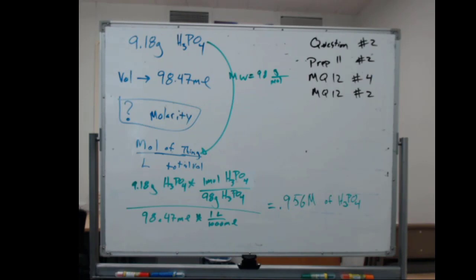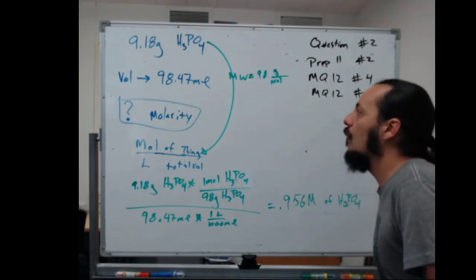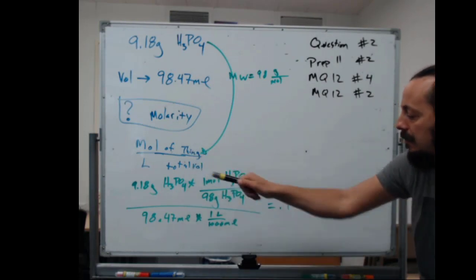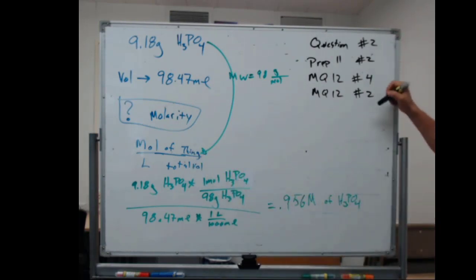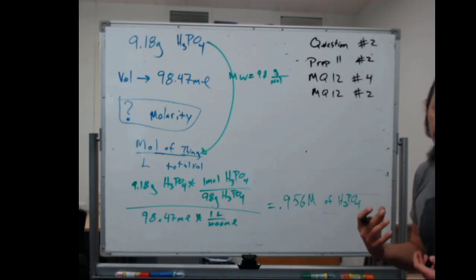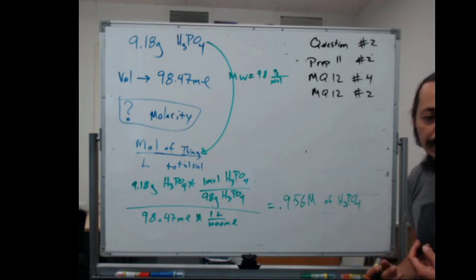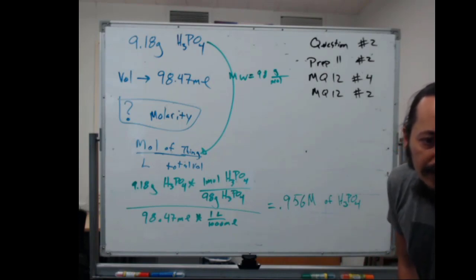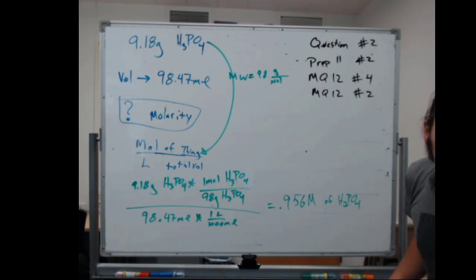And the important thing here is knowing how to connect mass to number of moles and how to connect moles to molarity. Because in the rest of these questions and the rest of the things we're doing this quarter, we're going to constantly have these stoichiometry problems where we're going to have to convert back and forth between these things.